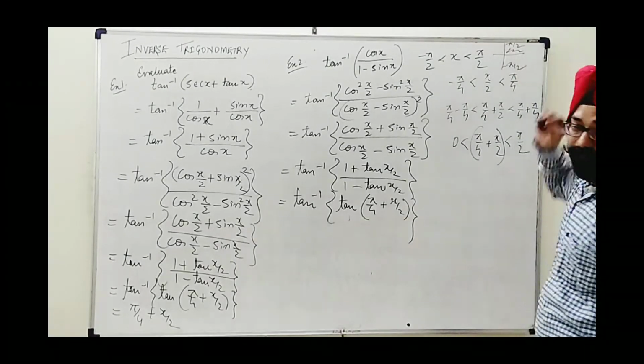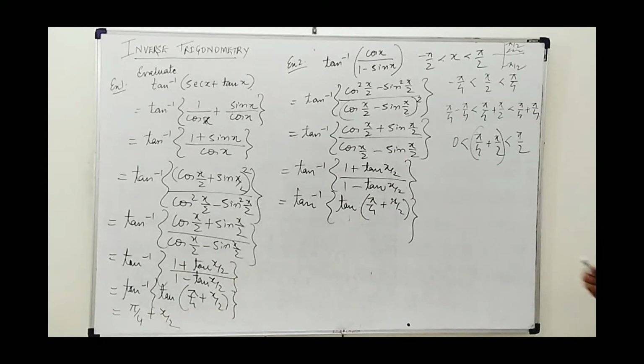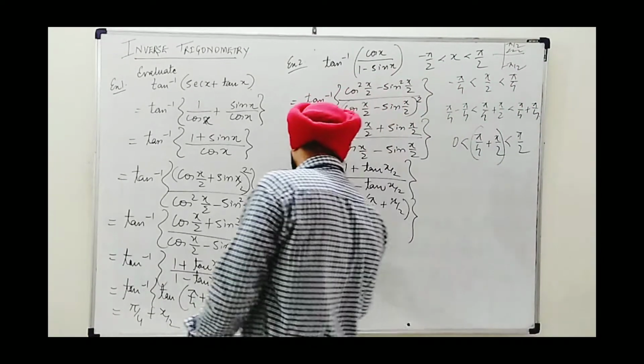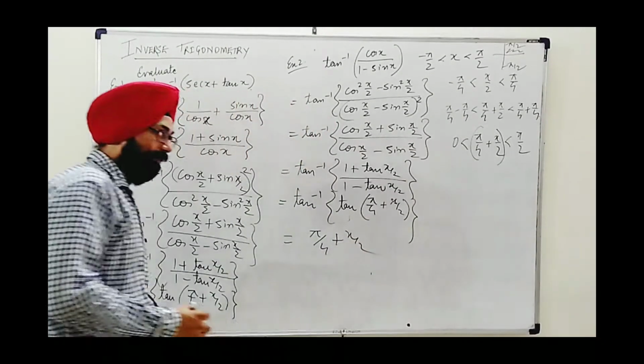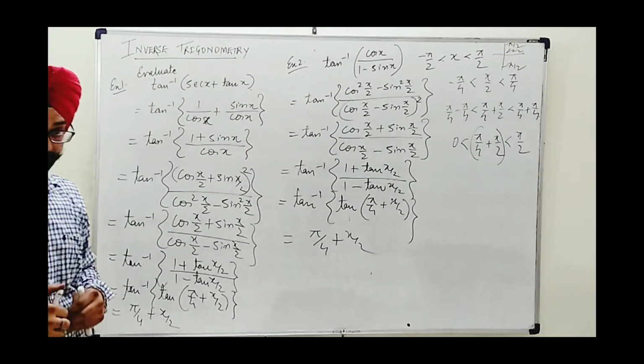So this angle lies in the first quadrant somewhere. So this can be cancelled out by the law of cancellation, and after cancellation we have pi by 4 plus x by 2 as the result. This way we can simplify.